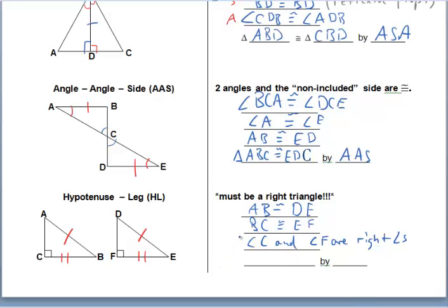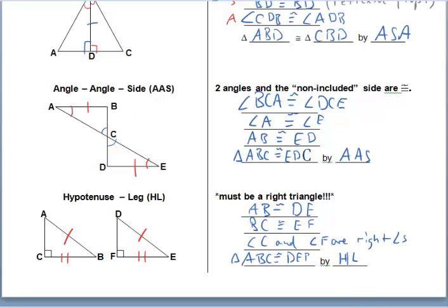So therefore I can say these two triangles are congruent. So triangle ABC is congruent to triangle DEF by HL.